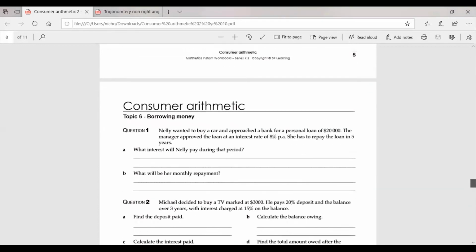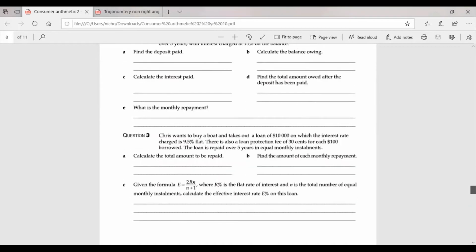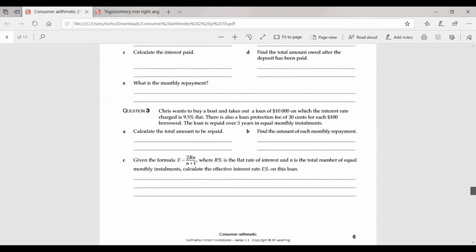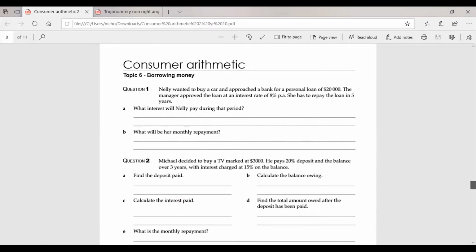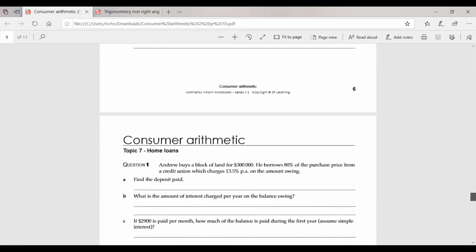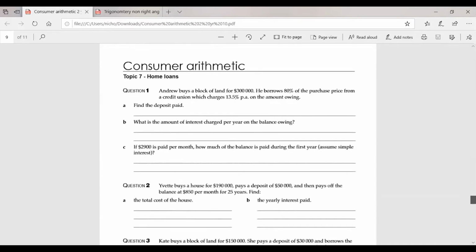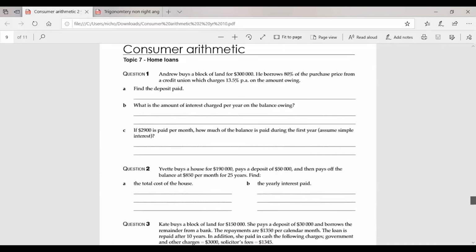Yep. And so did we finish this topic? Yes. So the topic 7. Perfect. All right, so consumer arithmetic, home loans. So obviously this is really important because you'll actually need to use this sort of maths when you are getting a home loan, right?